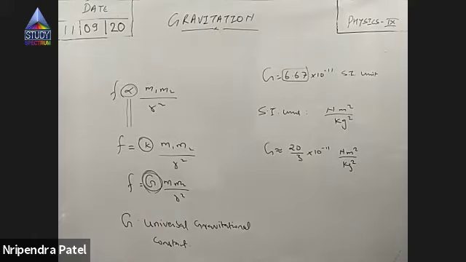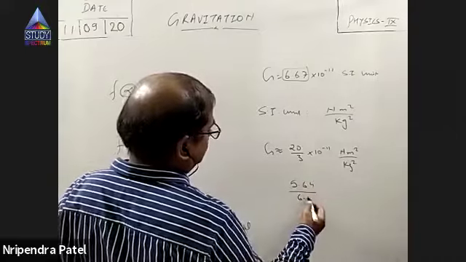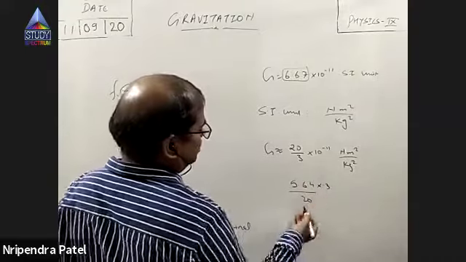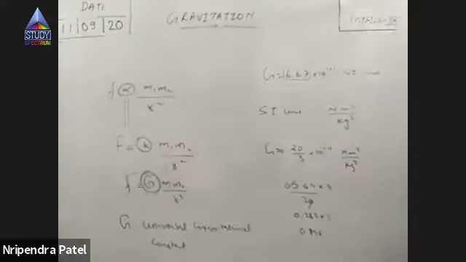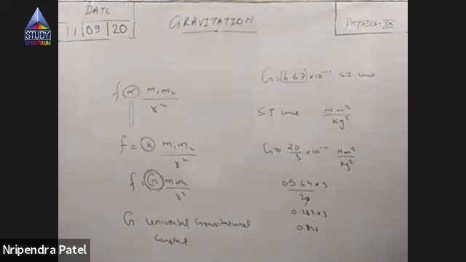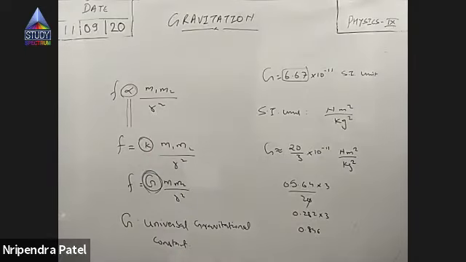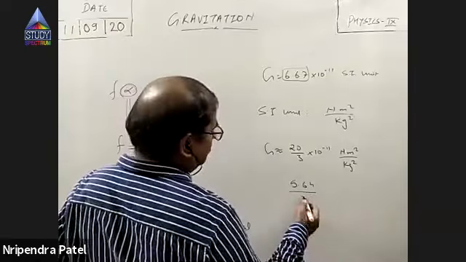Even in higher syllabus, questions on gravitation have a lot of complicated, difficult calculations, just because of 6.67. But what we do is we replace 6.67 by 20 by 3. It is easy dividing a number by 3. If I write 5.64 divided by 6.67, you can do it, but it will take a lot of time.